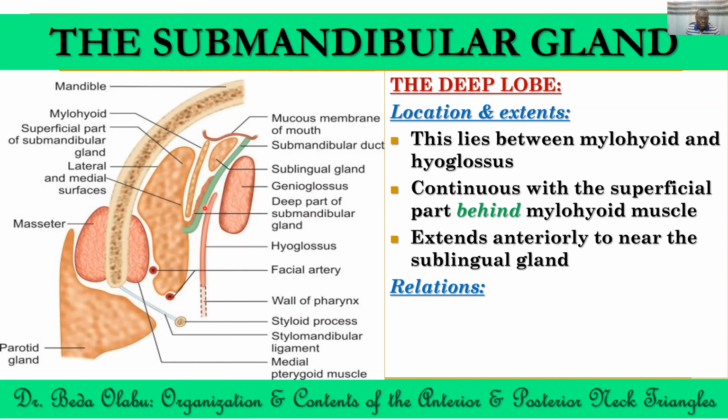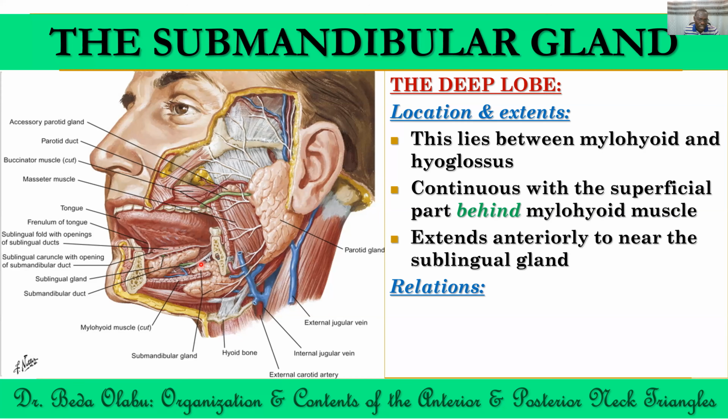So we can see we have the lingual nerve there and the submandibular ganglion there. We also have the lingual vessels there. We do have the hypoglossal nerve somewhere there. That is the hypoglossal nerve. And of course, much more anteriorly, we have the sublingual gland there. The green one is the submandibular duct.